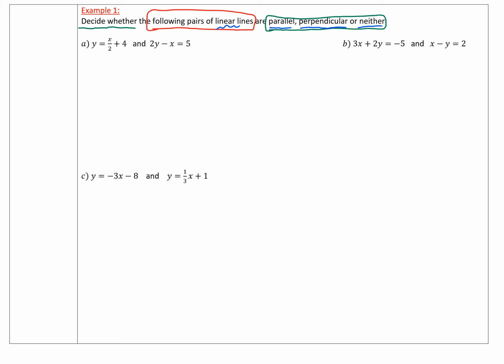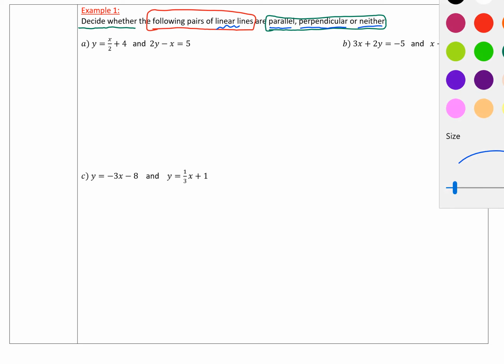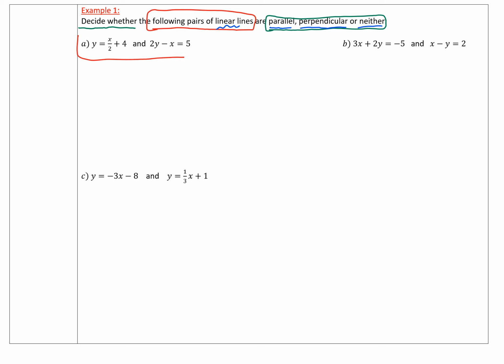So let's look at the first pair of linear lines. We're given y equals x over 2 plus 4 and 2y minus x equals 5. Before we can do anything, let's get everything into y equals mx plus c.